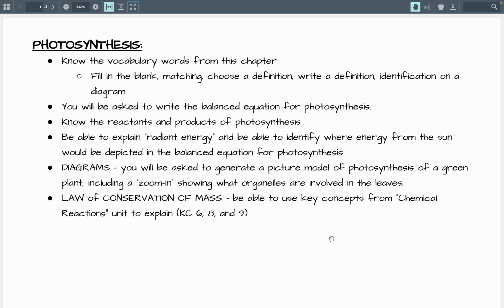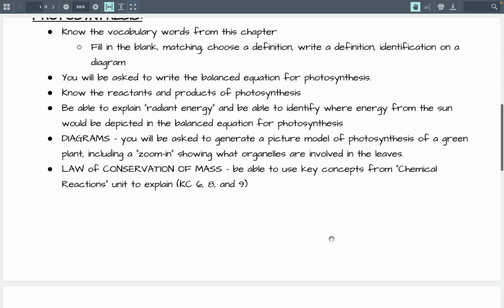This time I'm going to ask you to include a zoom in showing what organelles are involved in photosynthesis that can be found in the leaves, and then make sure that you understand the law of conservation of mass and be able to use the key concepts from your chemical reactions unit, specifically key concepts 6, 8, and 9.